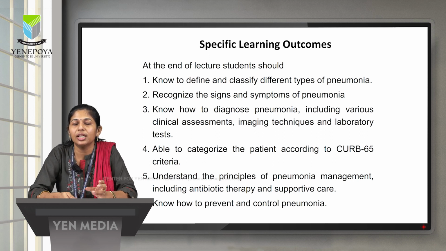According to this criteria, you can categorize the patients into IP or OP, that is inpatients and outpatients. Then next, to understand the principles of pneumonia management, including antibiotic therapy and supportive care. And finally, as a student, you should know how to prevent and control pneumonia cases.